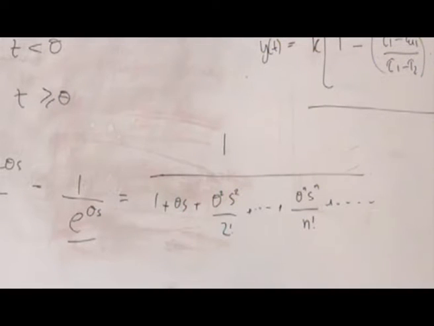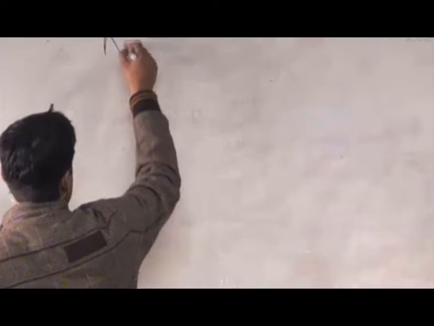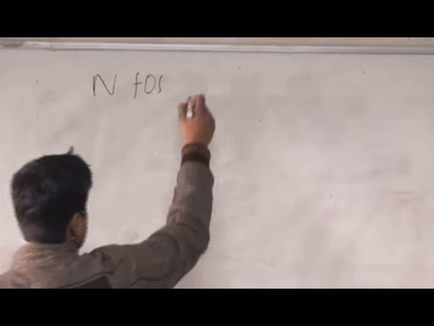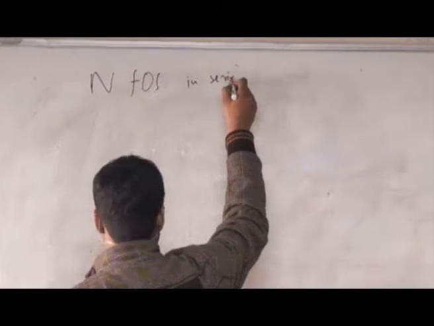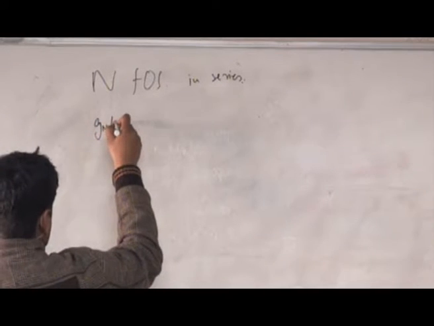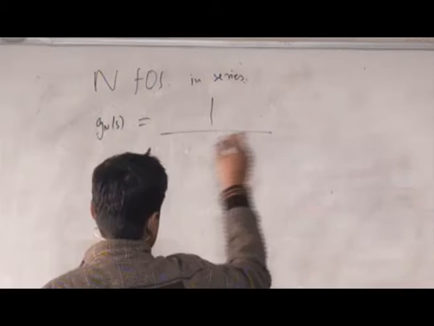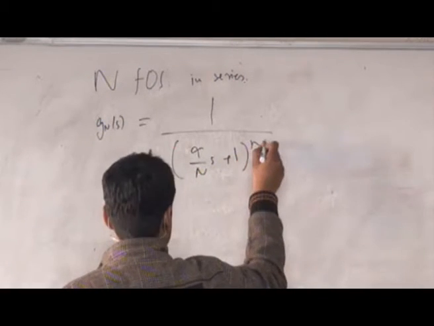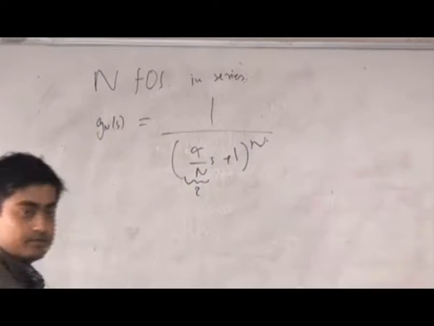So considering this equation, we will note one interesting point here. I will let this equation stay over there, and let's take n first order systems in series. What will it be? I could write G_n(s), where this term is my tau.